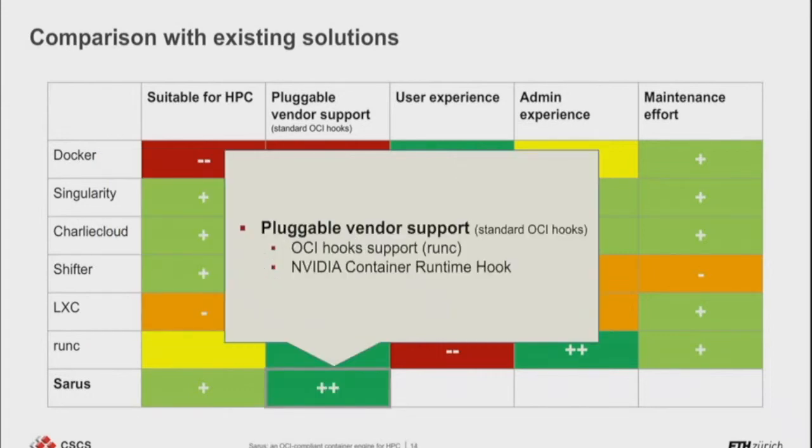Speaking of vendor extension, Sarus uses the interface of OCI hooks. I will explain this in more detail later. So we're able to, for example, integrate NVIDIA components in order to enable GPUs to work natively inside containers in a completely transparent way, both from a user side and from a system administrator side.